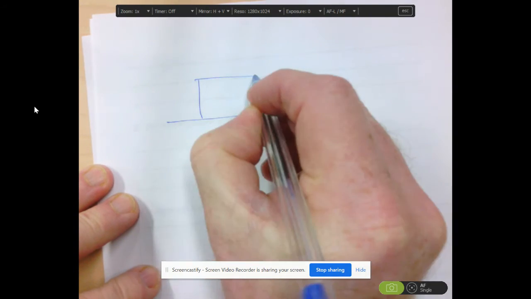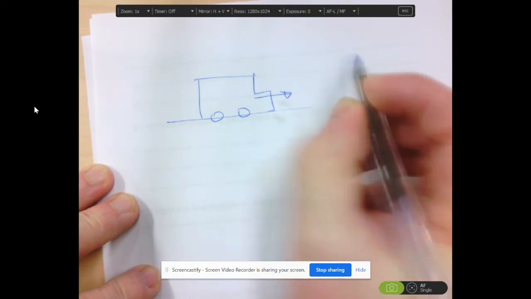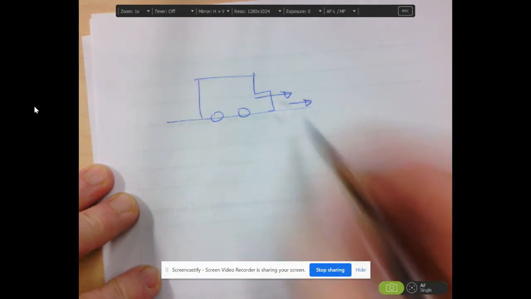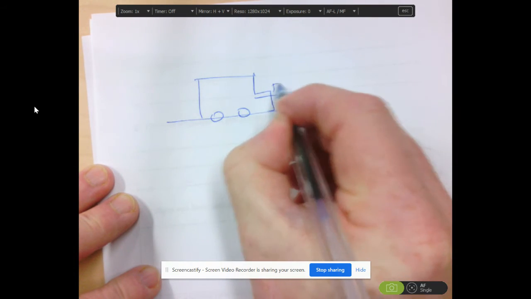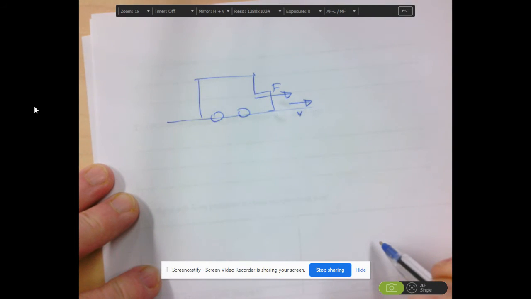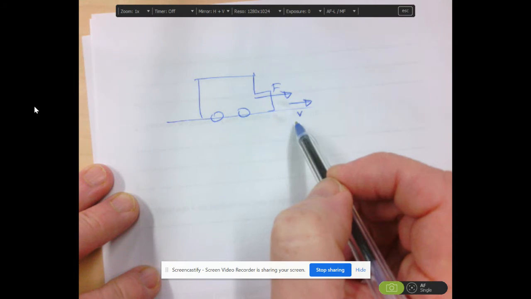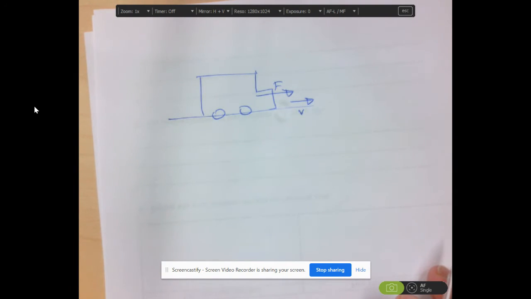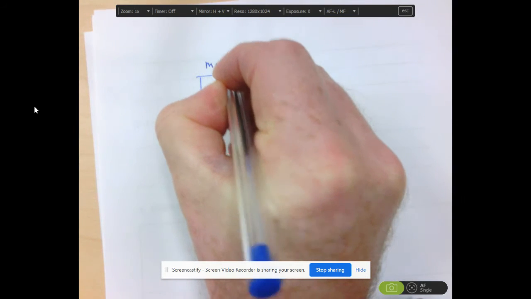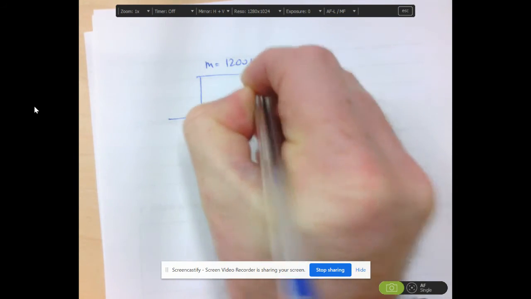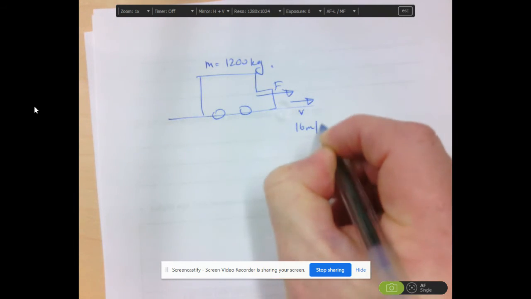I'll just do a box car. Its driving force is in that direction, and the velocity would be parallel. So in this case the forces are in the same direction, so we are not going to have to worry about resolving the forces. And the mass of that car is 1,200 kilograms, and the constant velocity is 16 meters per second.